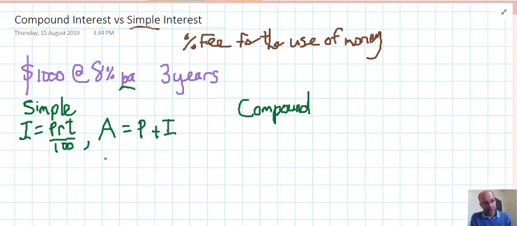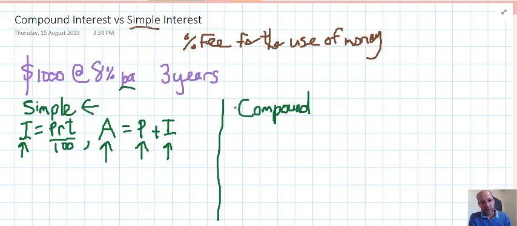To get the accumulated amount that you owe, you have to add the amount you borrowed, the principal, plus the interest, which is calculated by that formula. So that's what you should already know before you do this. And we're going to show how compound interest works, and derive the formula by comparing it to simple and making one adjustment to the simple to get the compound interest, as you will see.